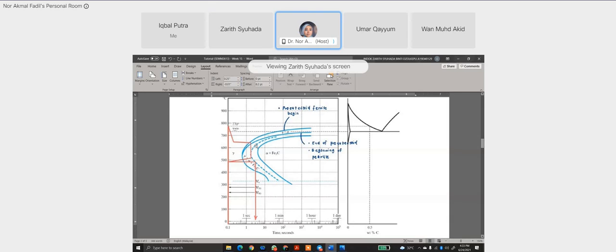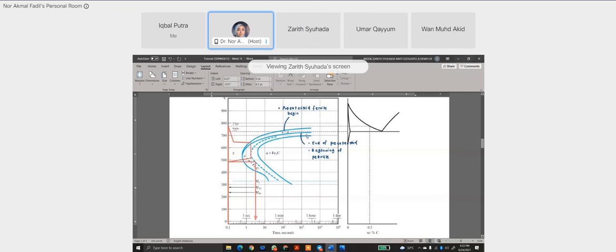Okay, 727 masih lagi belum reach room temperature. Bawah daripada 727 you akan dapat pearlite, campur dengan proeutectoid lah.